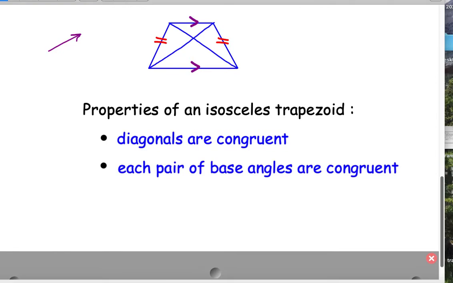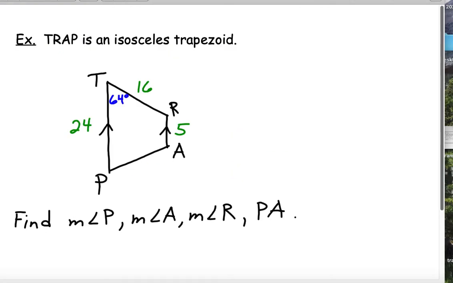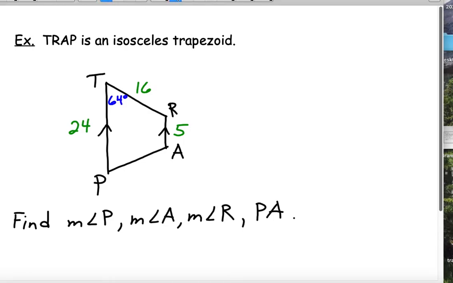Let's look at an example. TRAP is an isosceles trapezoid. Find some stuff. Well, let's just find everything we can figure out right off the bat. Because it's an isosceles trapezoid, and these are my parallel sides, these are my legs, and I know because it's isosceles, the legs are equal. So if that's 16, so is this one.